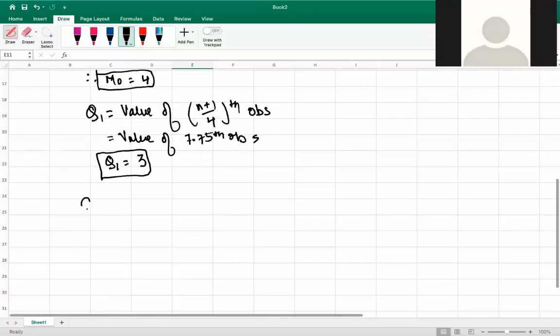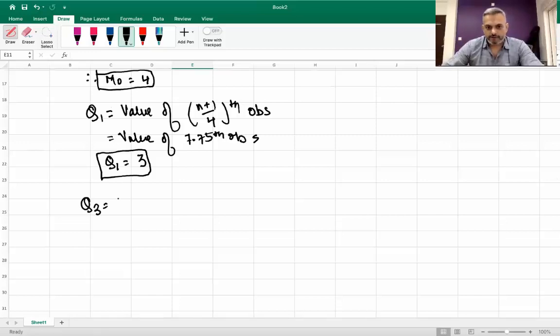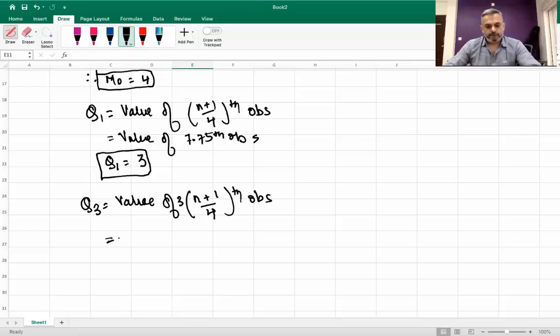Now Q3, you all also have to do this, okay? Just don't be an audience. Value of 3 times n plus 1 by fourth observation, which is equal to 31 into 3 divided by 4, the value of 23.25th observation.